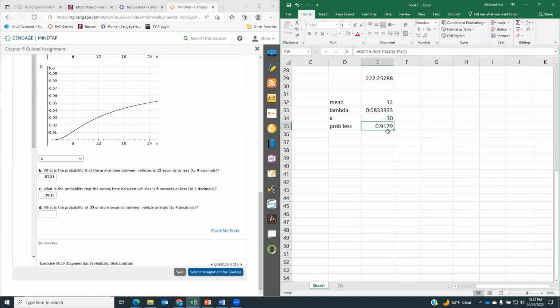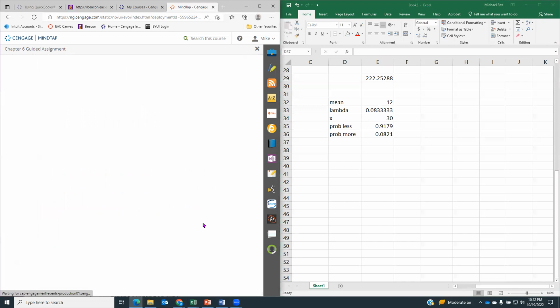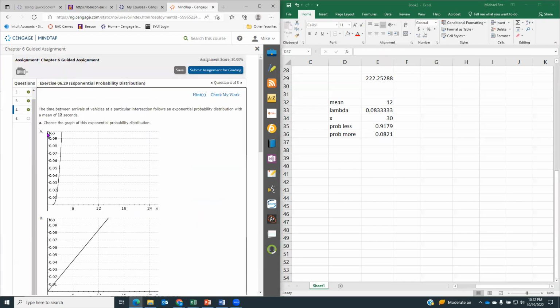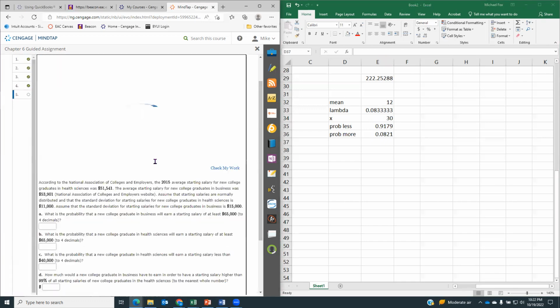Again, we know the probability of it being 30 or less is 0.9179. So the probability that it's more is just going to be 1 minus the probability that it's less: 0.0821. Check our work, and hooray. All right, on to the last one.